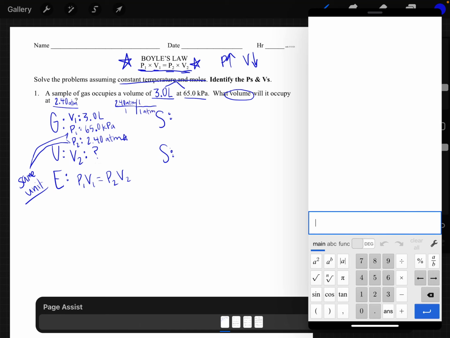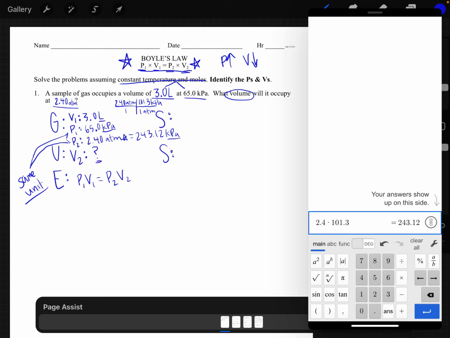I know that for every 1 atmosphere, there are 101.3 kilopascals. And I'm going to plug that into my calculator. 2.4 times 101.3 equals 243.12 kilopascals.